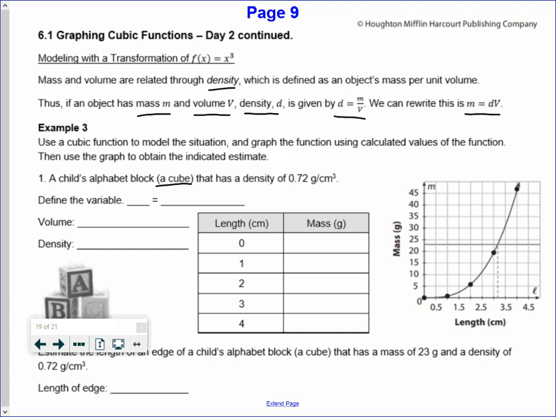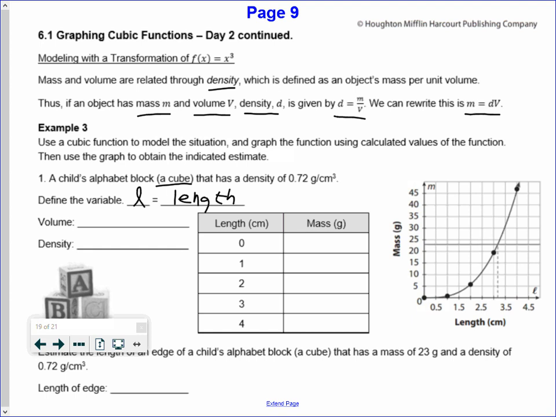It's the height times width times length, but for a cube, all that's the same. So just length cubed. So the only variable I need to define is L, and that's going to equal length. Sorry for the weird L. I just don't want to get the L confused with a 1 in the actual equation.